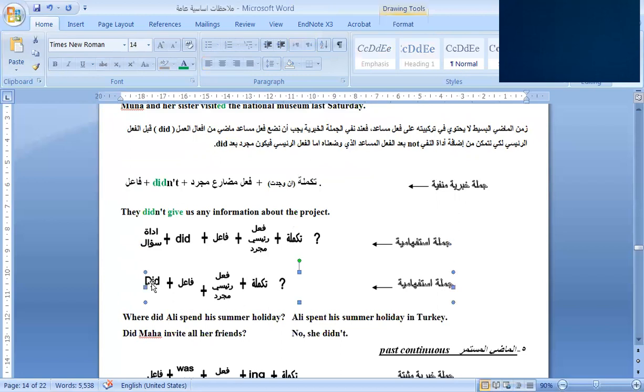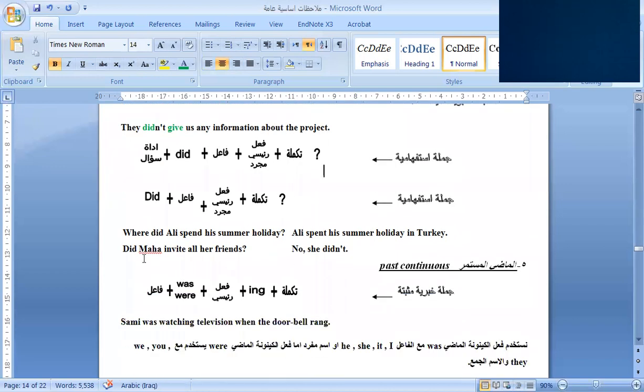We have this did borrowed for the interrogative sentence. هاي مستعارة did حتى تكون لنا الجملة في زمن الماضي البسيط. ومثل ما تشوفون الفاعل بعده فعل مساعد يتقدم على الفاعل، والفعل رئيسي مجرد خالي من أي إضافة بسبب وجود did. And the complement there is honey.